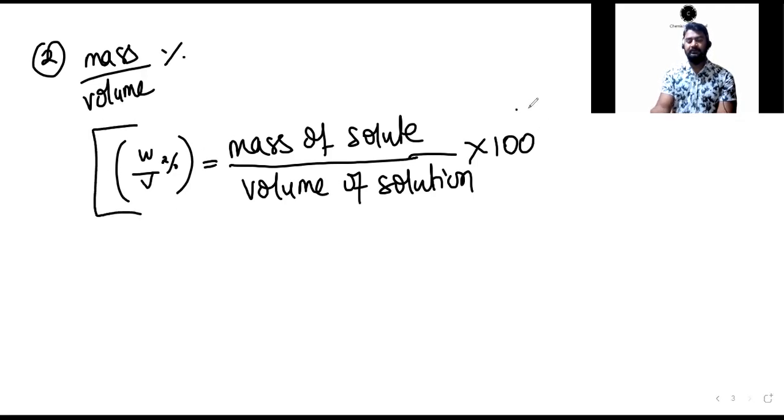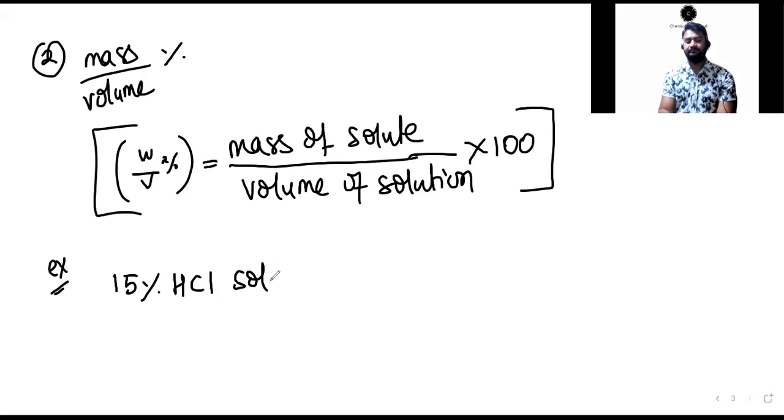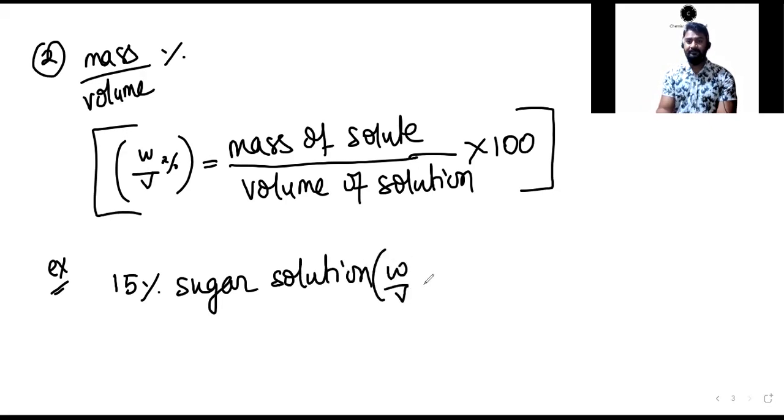Let me give an example. Again, decoding is important. What do you mean by 15% HCl solution? Or I won't say that. Let me replace it with sugar because that seems more realistic, because sugar is usually solid, right? So what do you mean by 15% sugar solution, weight by volume?